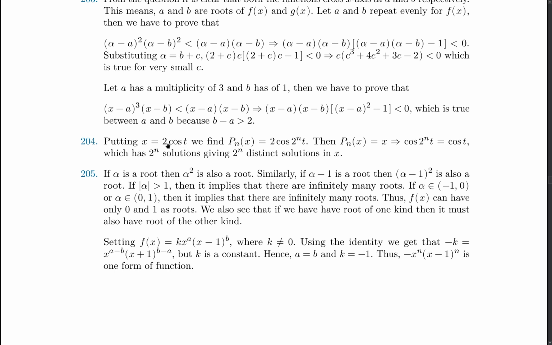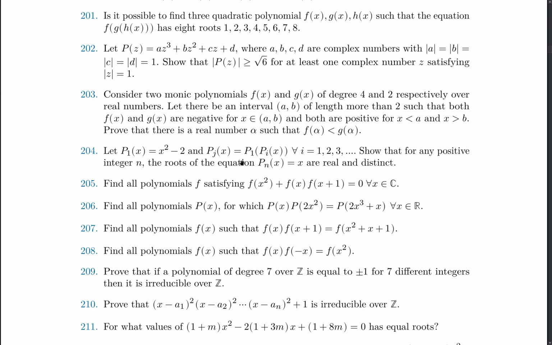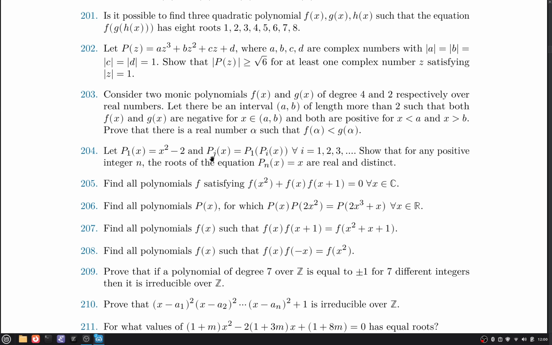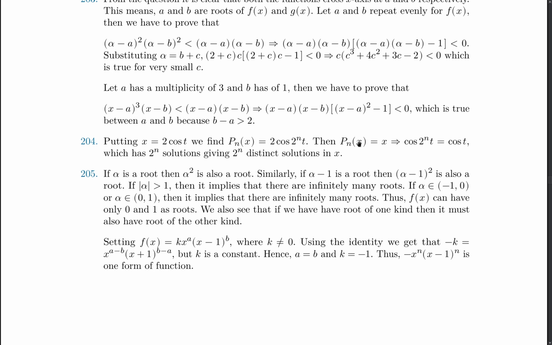Okay, so the values will oscillate between minus 2 and 2. All right, so once we have x is equal to 2 cos t, we find that Pn of x is equal to 2 cos(2 to the power n t). And Pn of x is equal to x, which is given, implies that cos(2 to the power n t) is equal to cos t, which has 2 to the power n solutions, giving 2 to the power n distinct solutions in x.